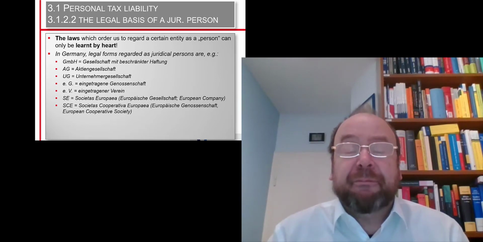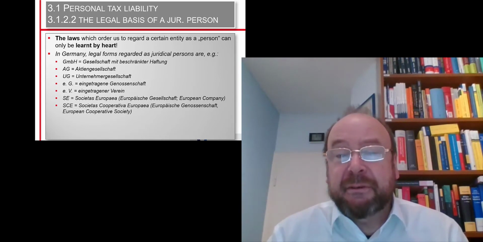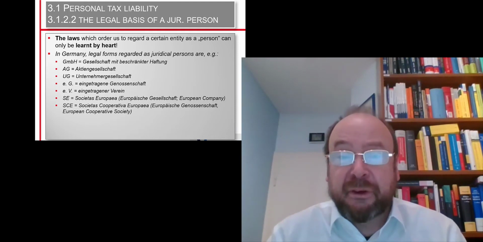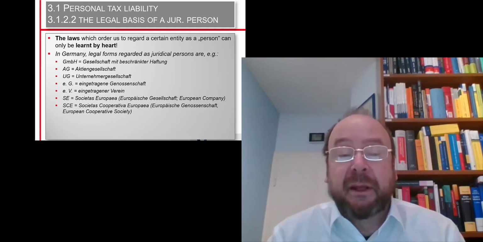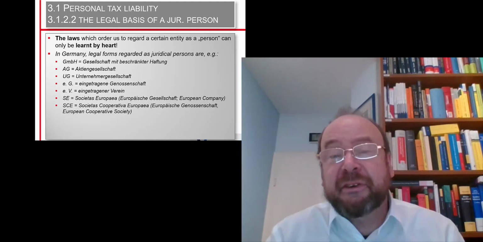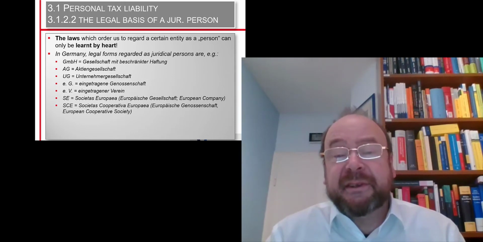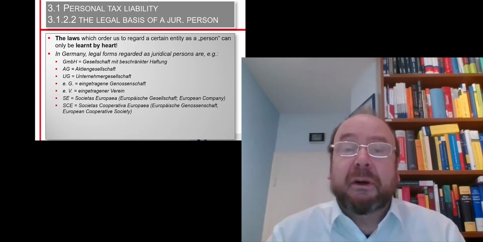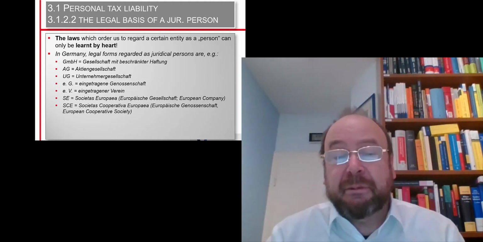So in Germany, a limited company under German law, a GmbH, has to carry the abbreviation GmbH or another part of the name which clearly shows to you that it is a Gesellschaft mit beschränkter Haftung, a limited company. If you have to do with an AG, a stock corporation under German law, this has to carry either the name Aktiengesellschaft as part of the name or the letters AG as official abbreviation at the end or in the middle of the name.